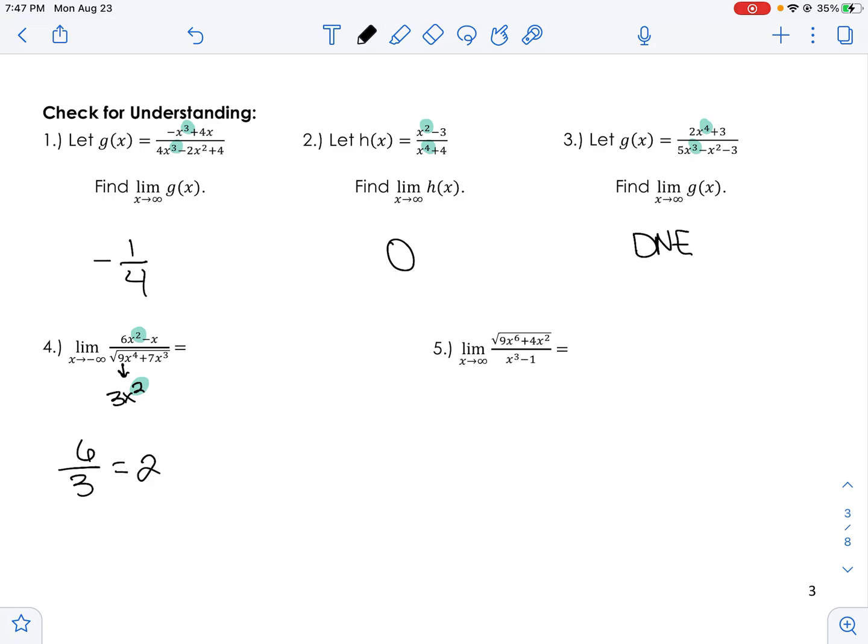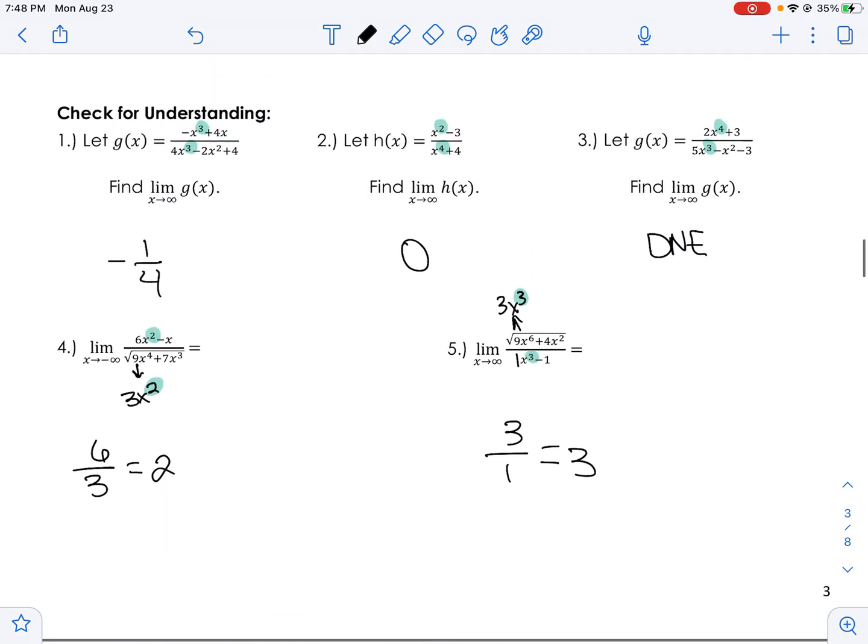On number 5, again, same concept. The square root of 9x to the 6th would give me 3x to the 3rd. My degrees are the same, so therefore I take a ratio of the leading coefficients, and that gives me 3 over 1, which is just 3.